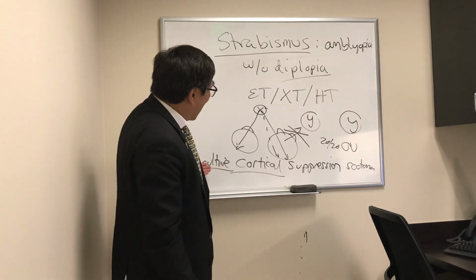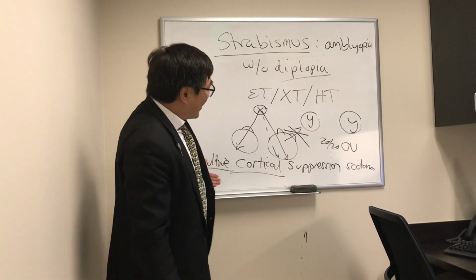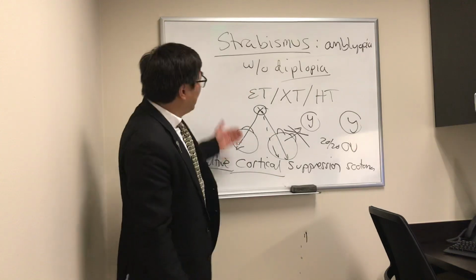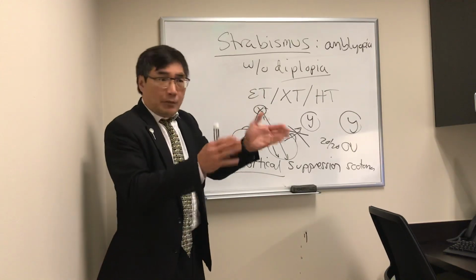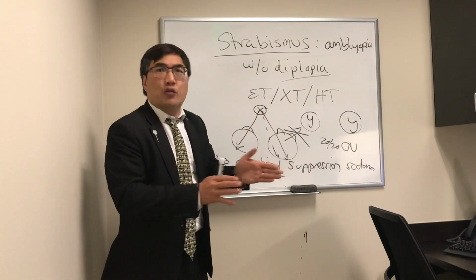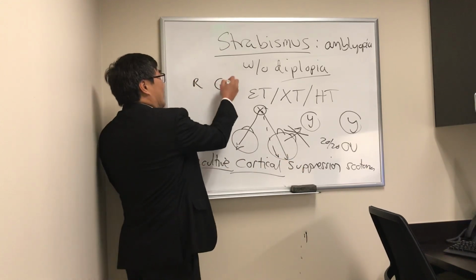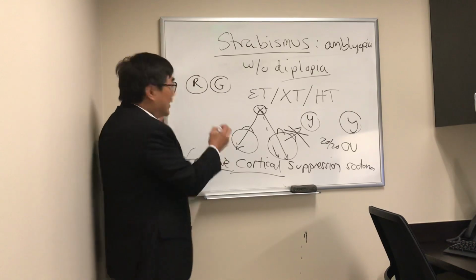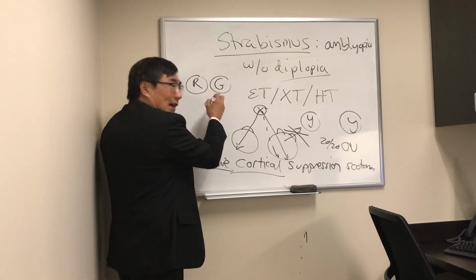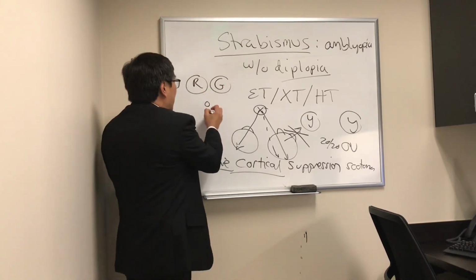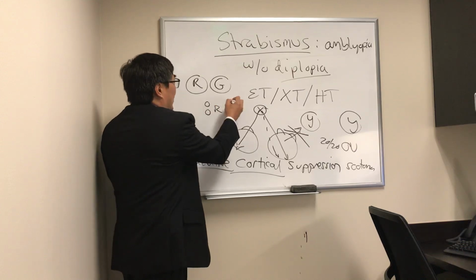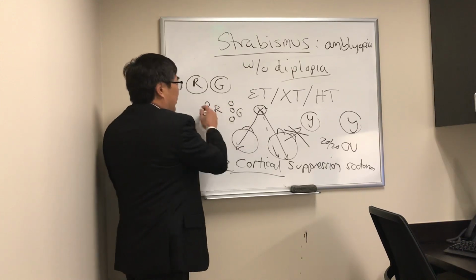Patients who have a facultative suppression scotoma can be detected with a number of different tools, the most famous of which is the Worth 4-dot test. In the Worth 4-dot, we have red and green glasses over each eye, and we present them with a flashlight with circles, and usually there are 2 red ones and 3 green ones and one that overlaps.